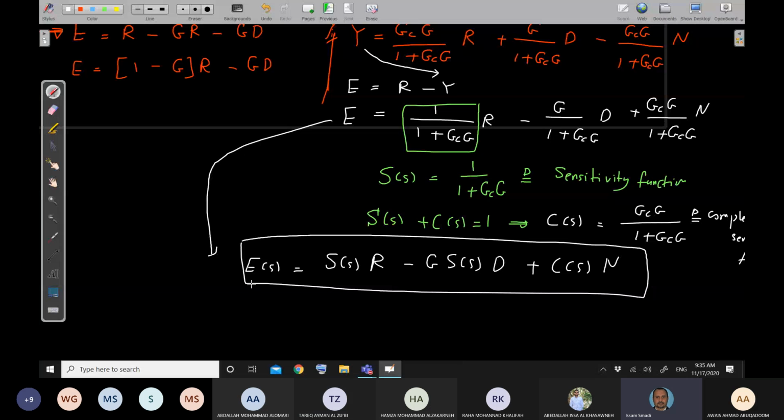Now, if I need to minimize the error caused by the input and the disturbance, what should I do? Make this factor equal to 0, صح?